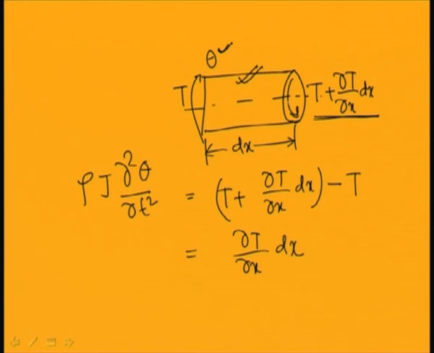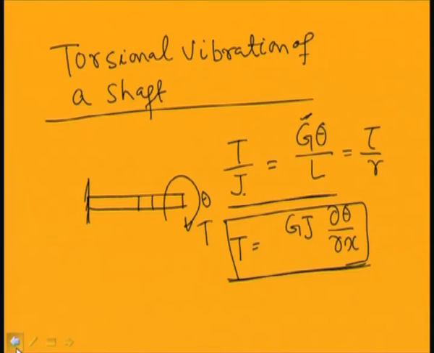Here I have taken an elemental length of dx, and so here rho J into dx, where rho J is the moment of inertia per unit length. When I multiply these, this is the mass moment of inertia for this small elemental length, and it is multiplied by ∂²θ/∂t². This gives the total inertia torque.